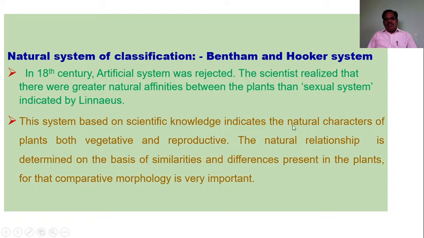Maximum information is found in this natural system of classification, regarding the vegetative as well as the reproductive characters. Not only morphological and anatomical characters are there, but additional reproductive characters as well, and natural relationship is determined on the basis of the similarities and differences present in the plants.